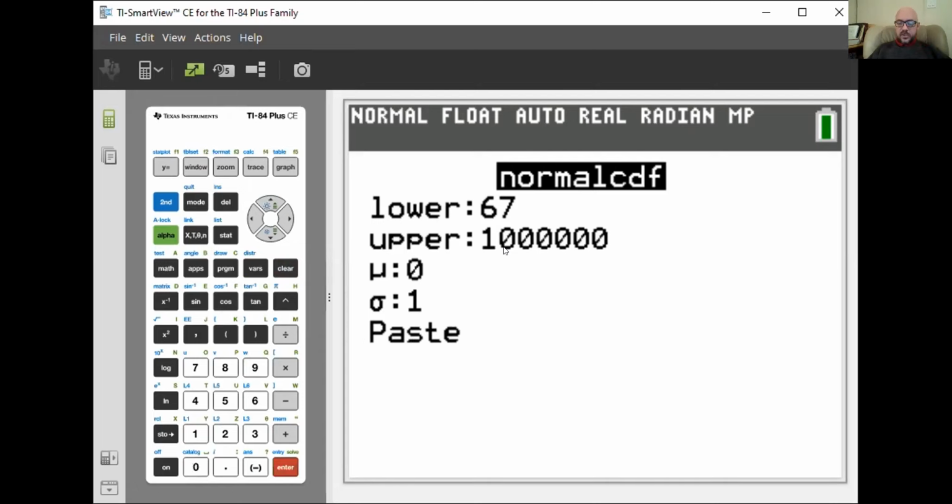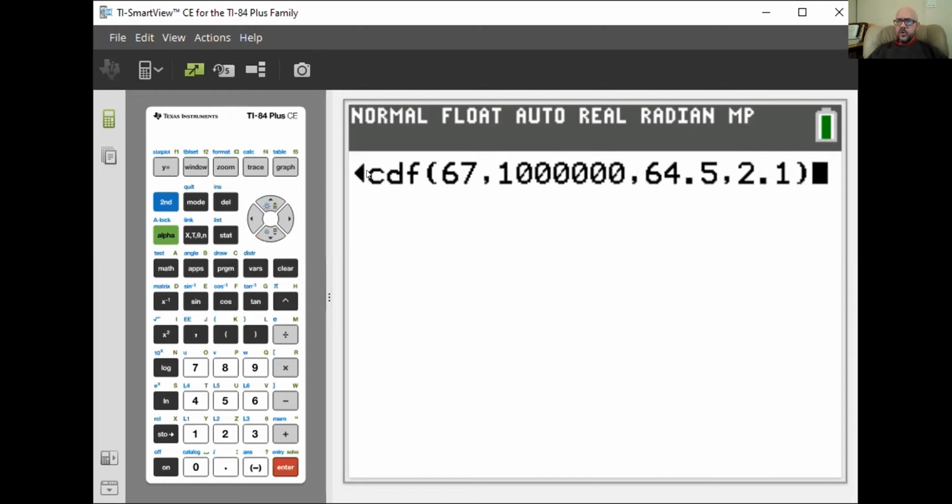The mean was 64.5 inches and the standard deviation was 2.1. And notice it says paste. If you're on an older version of the user interface, you won't get this screen. What you'll get is something that looks like this, where you'll hit NormalCDF, and then it'll just give you a left parenthesis, and you have to type this stuff in yourself.